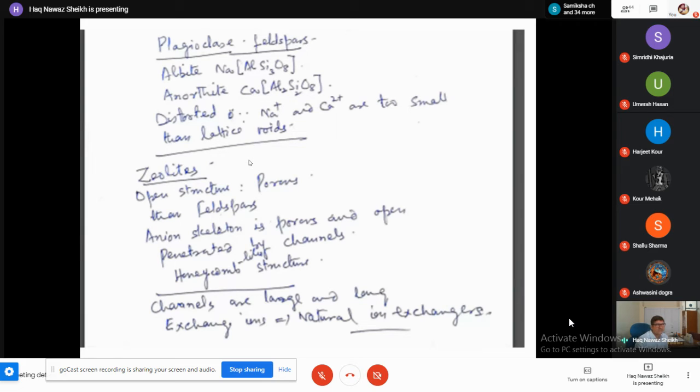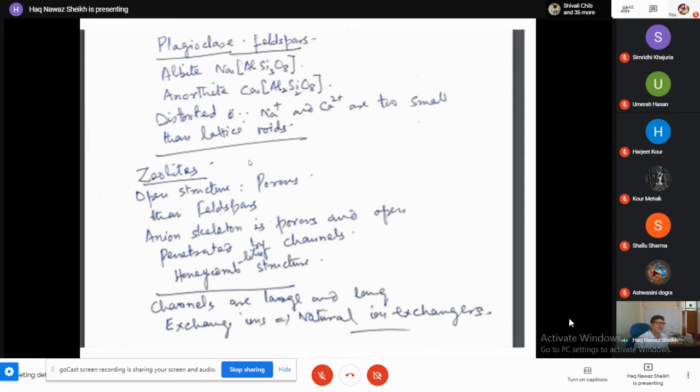They are open structure, they are porous, and yet they are stable. They retain their structural integrity even after heating for some time, so as to remove the gas molecules from those voids.